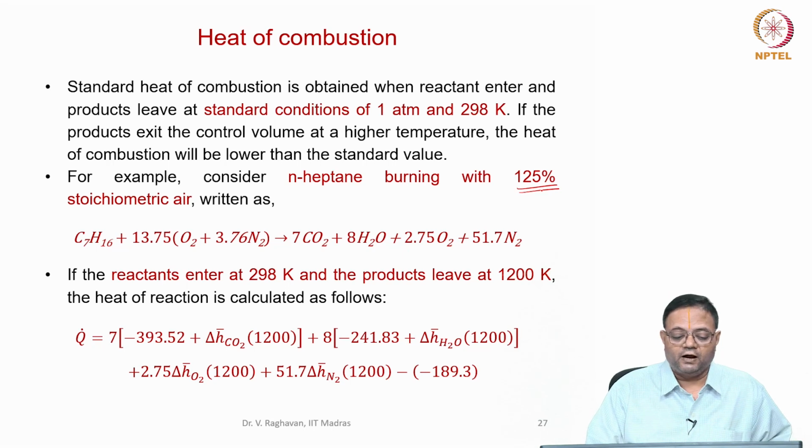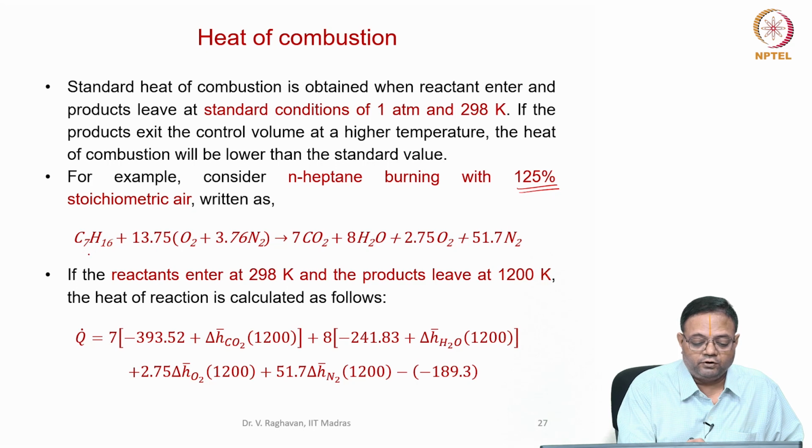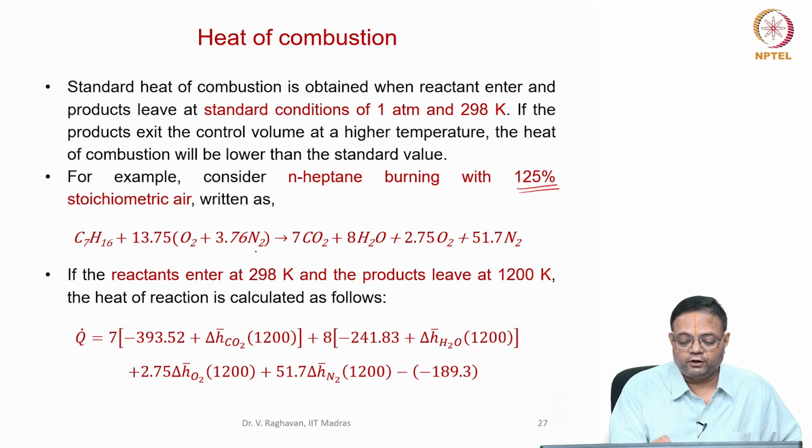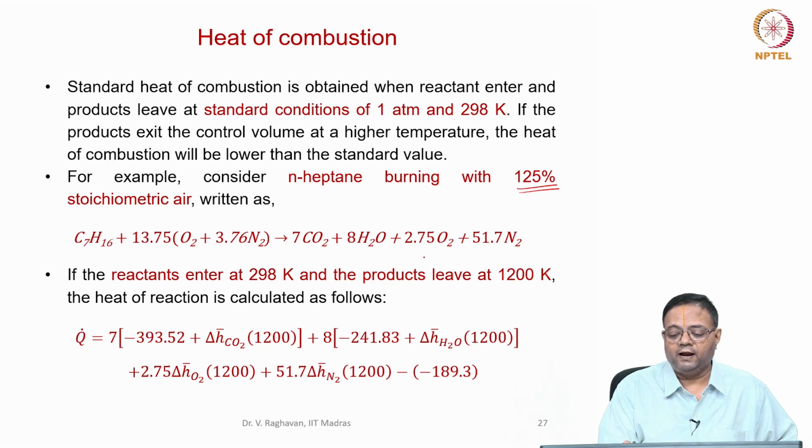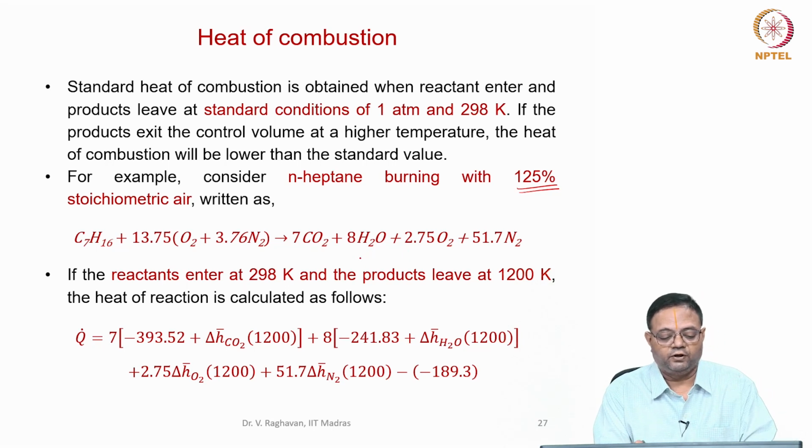So, the combustion reaction for this is written as C7H16 plus 13.75 O2 plus 3.76 N2 giving, again, I am saying that there is no dissociation, 7 CO2 plus 8 H2O plus excess oxygen. See, C7H16 requires 11 O2. Now, 13.75 O2 is fed. So, 2.75 O2 is seen in the product side.